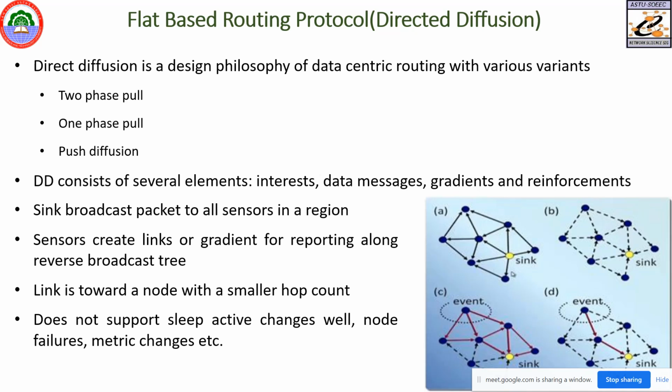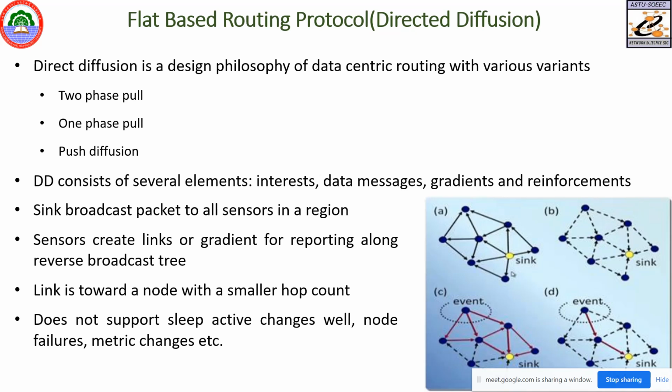Finally, among the different paths obtained, the least hop count path will be chosen for data transmission. This approach is just like the SPIN protocol, but the path is chosen based on the hop count. Where the hop count is less, that path will be chosen.